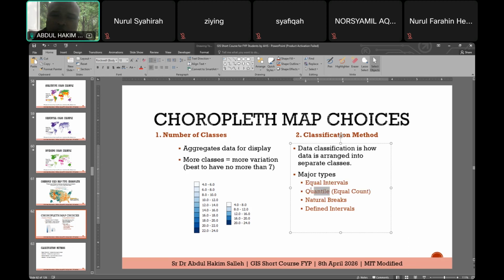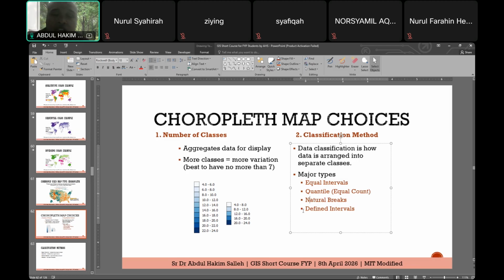I forgot how quantile works. But next is the natural breaks, where the GIS looks at the data and, based on the data, it automatically creates the breaking classes between class 1 to class 2 to class 3 and until class number 5, for example.